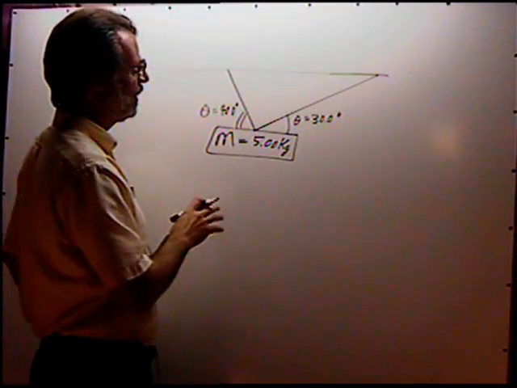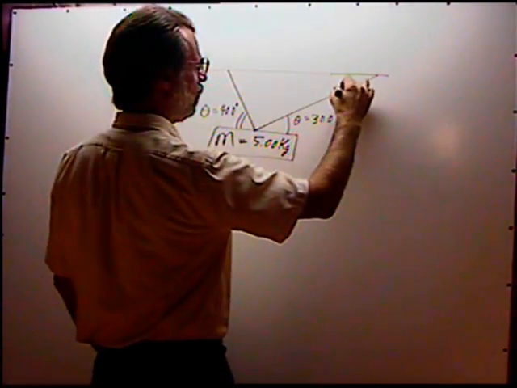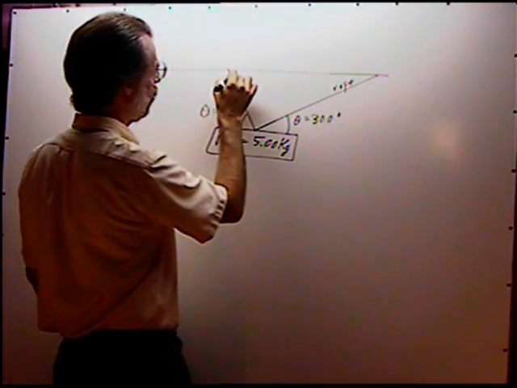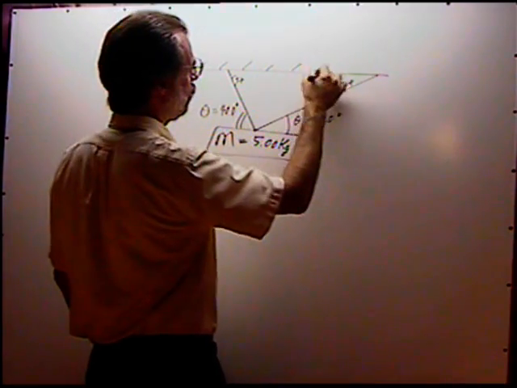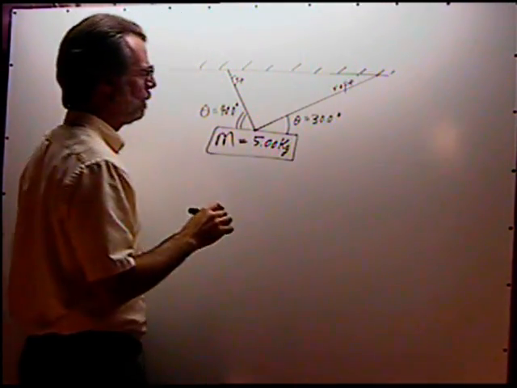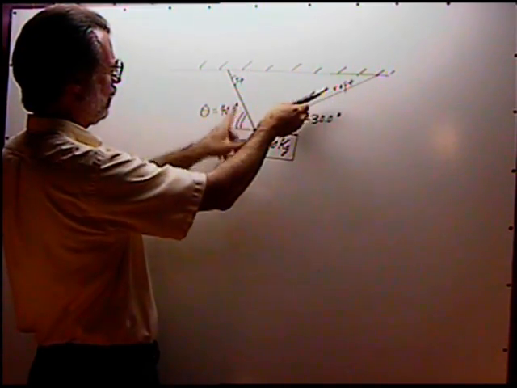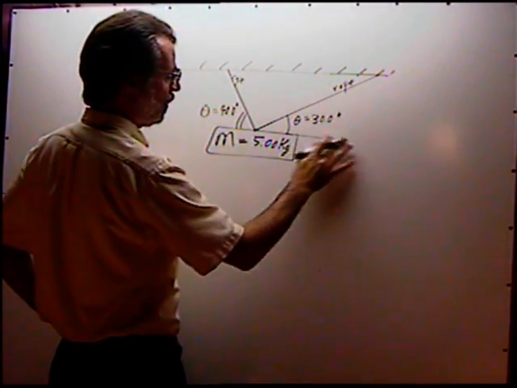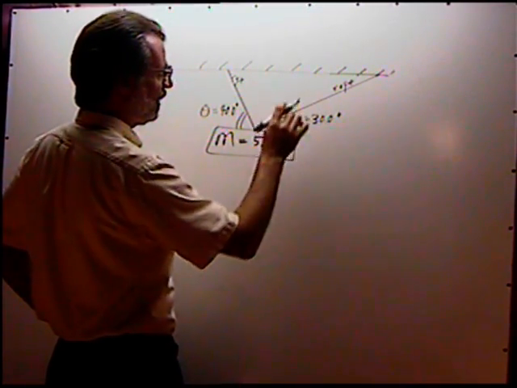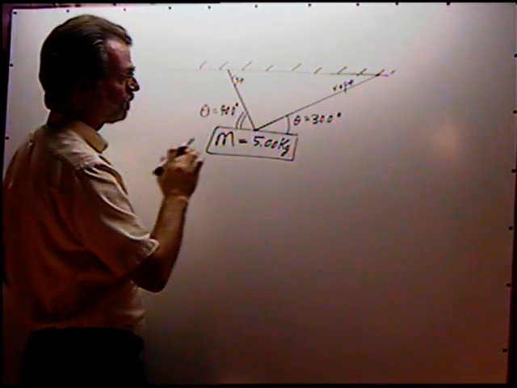When we have a problem like this, we have two ropes. This is a rope, and this is a rope. And this is a ceiling, or some kind of beam. There are two tensions, one tension acting this way, another tension acting this way. So the problem is to find the tension in this rope and the tension in this rope.